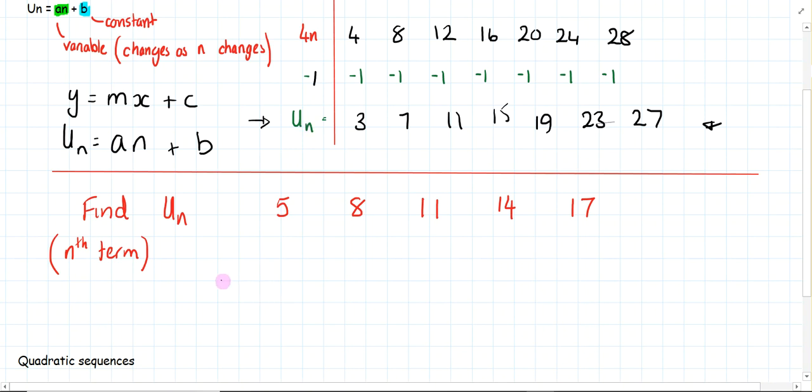So I'm going to do my little table and say n is 1, 2, 3, 4, 5. And I know that it goes up in what? Plus 3. Now, because I know it's an arithmetic sequence, do you remember what I called the plus 3?